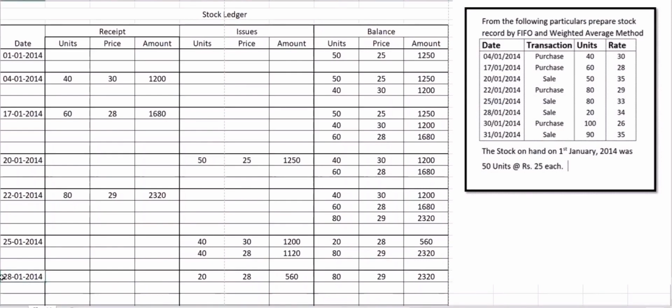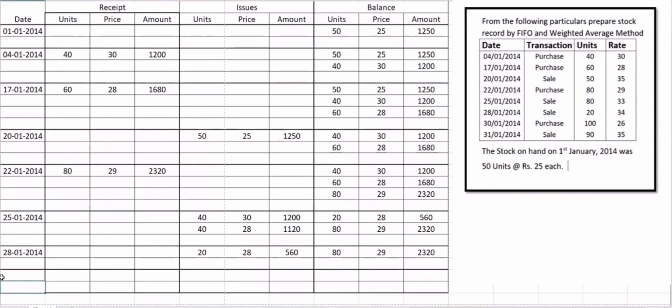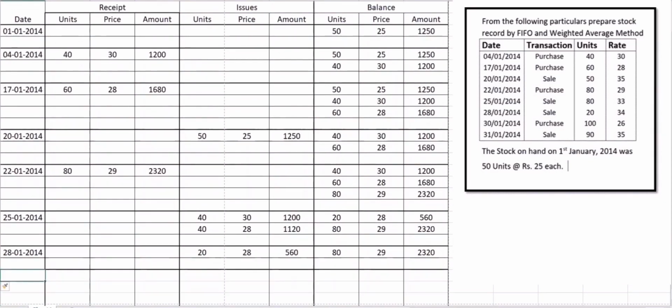After that, are we having any transaction? Yes, we'll see what transaction. Here we are having a transaction on 30th January 2014. We are purchasing. So purchase, where are we going to record it? Here. How many units have we bought? 100 units at the rate of 26 rupees per unit.